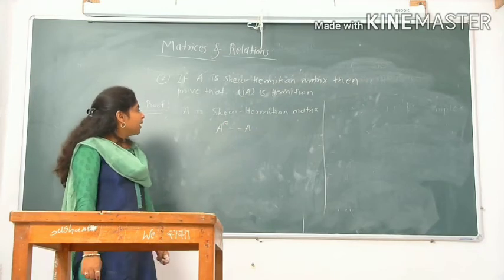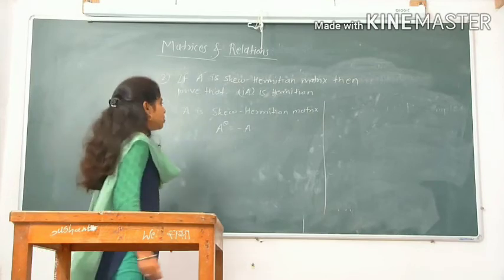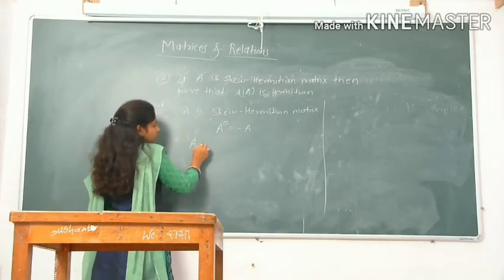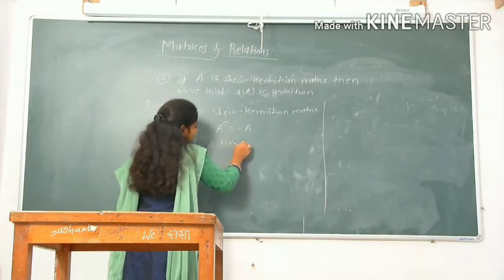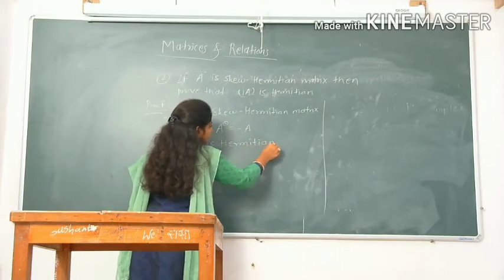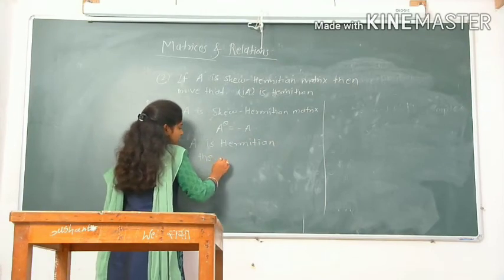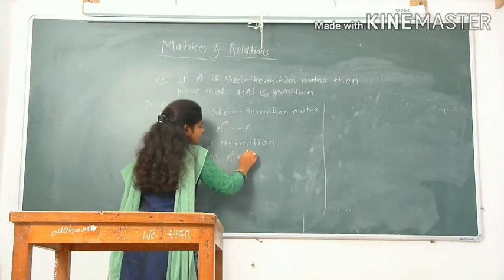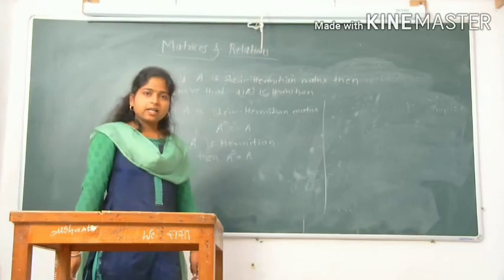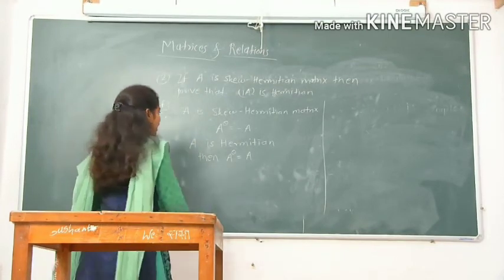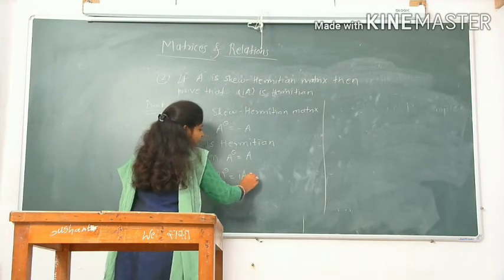Here we have to prove that iA is Hermitian. We know that if a matrix A is Hermitian, then A raised to theta is equal to A. That is, to prove that the matrix iA is Hermitian, we have to prove that iA raised to theta is equal to iA.